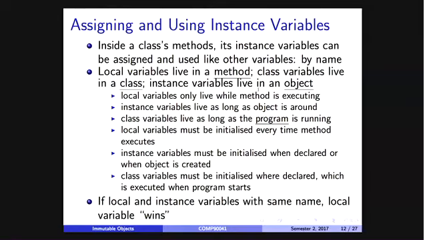An instance variable is stored in the object, and it lives as long as the object lives. When the object goes away, it gets garbage collected, it's gone. Its lifetime has ended. And finally, a local variable lives as long as the method it's in, or even a narrower scope.